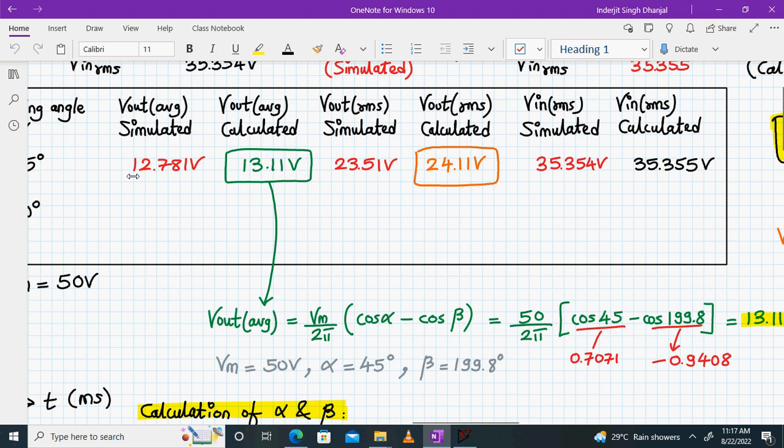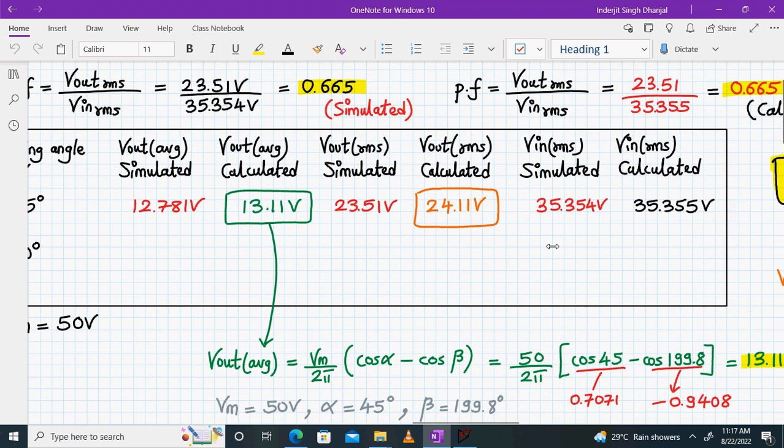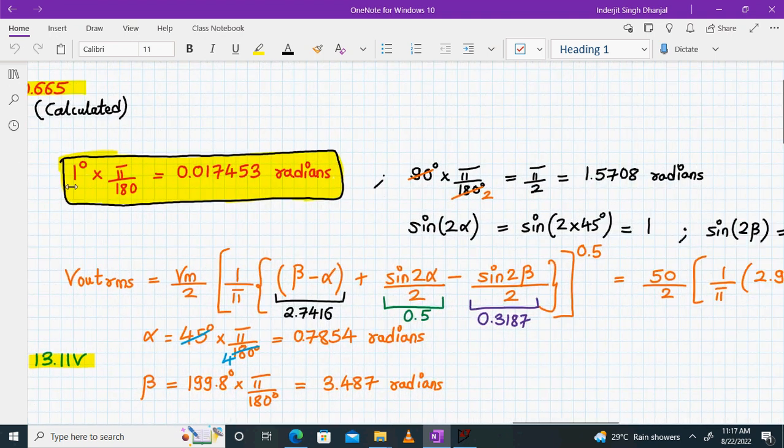The simulated value is 12.78 and the calculated value is coming out to be 13.11. Alright. Now let us calculate the V out RMS calculated value. This is a quick conversion between degrees and radians: 1 degree multiplied by pi by 180 is equal to 0.017 radians, right?